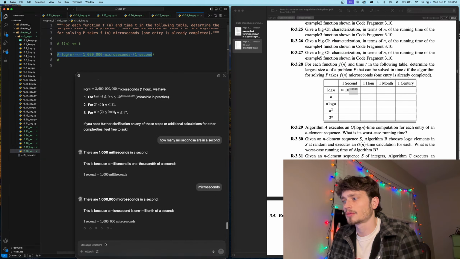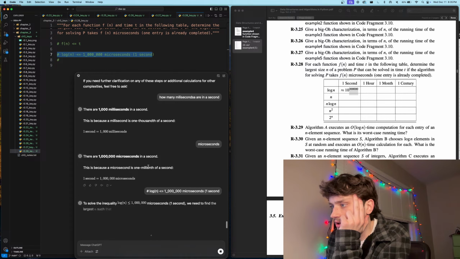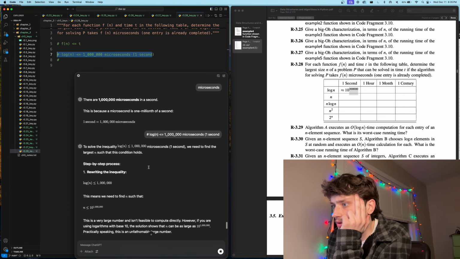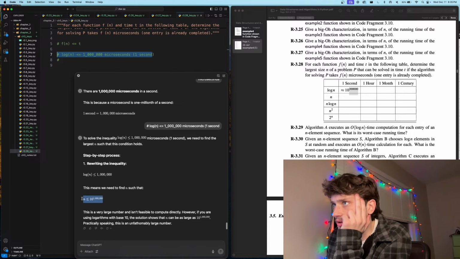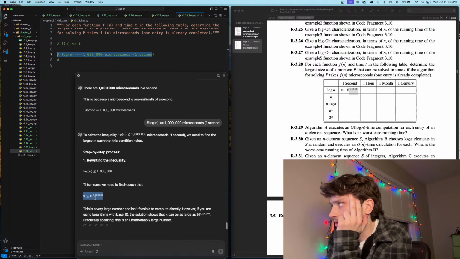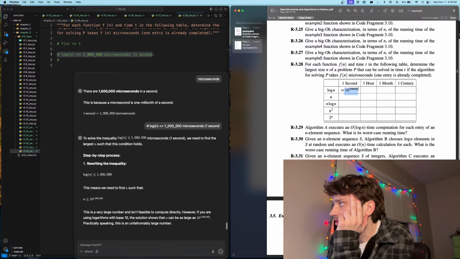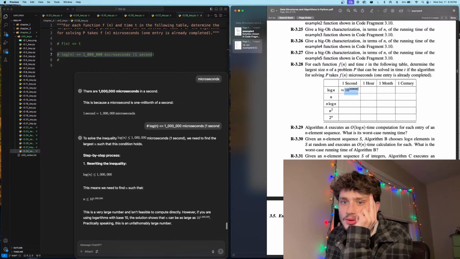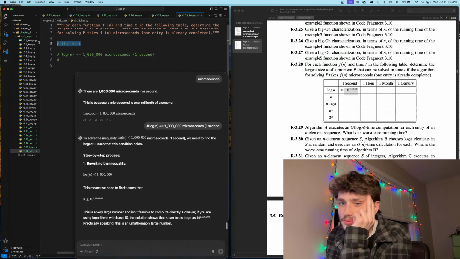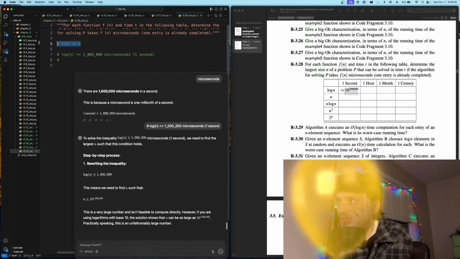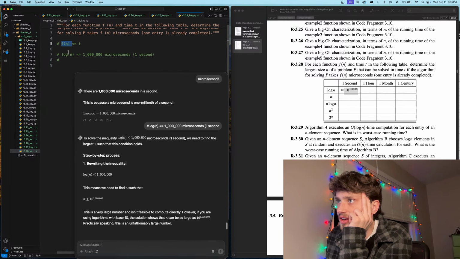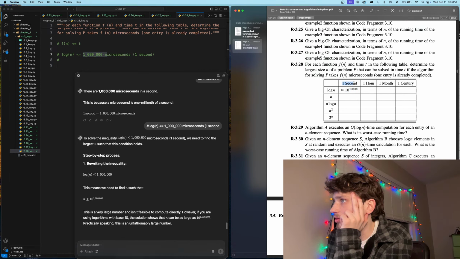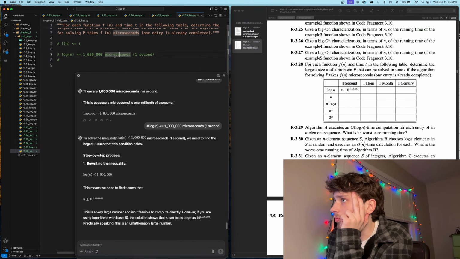So let's take this, put it here. What does it say here? 10 to the million. So why does that have 10 to the 300,000 here? We have that right here. For each f of n, we have f of n is log n here, less than or equal to a million microseconds. For 1 second, you have a million microseconds.